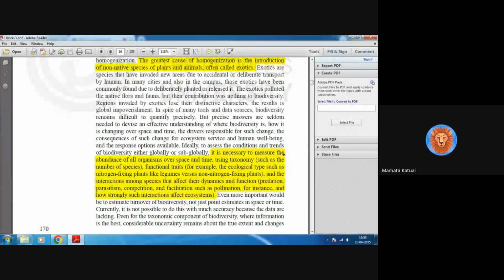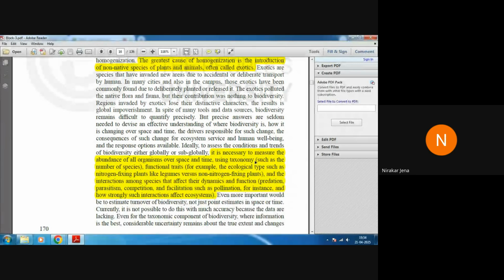So it is necessary to measure the abundance of all organisms over space and time using taxonomy. So one criterion is to measure how many species are present by taxonomy, that is, morphological or taxonomical characters.